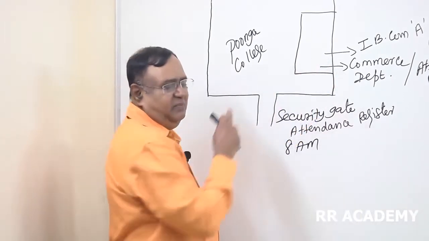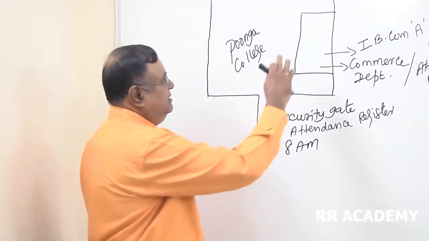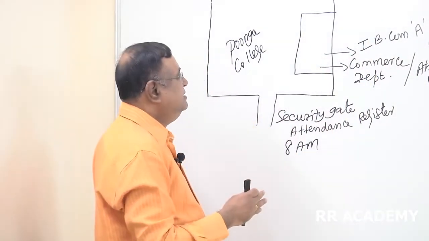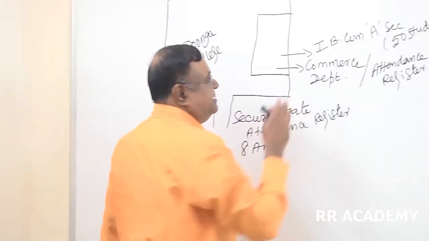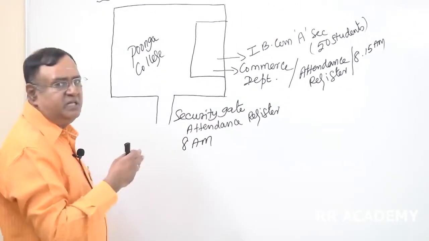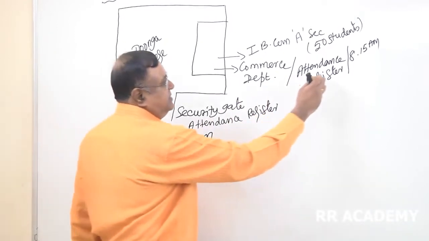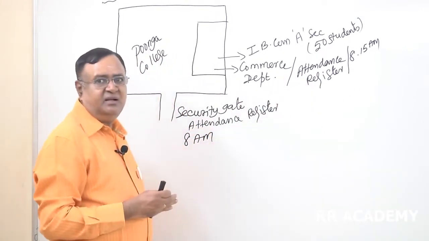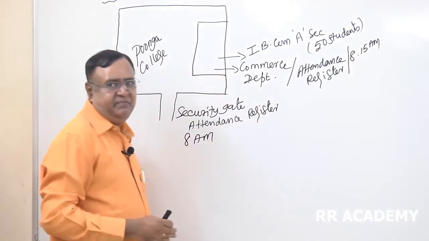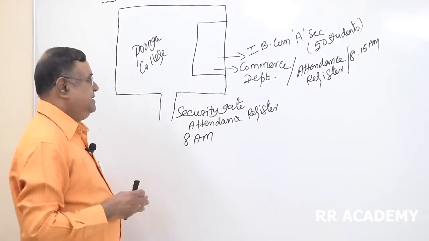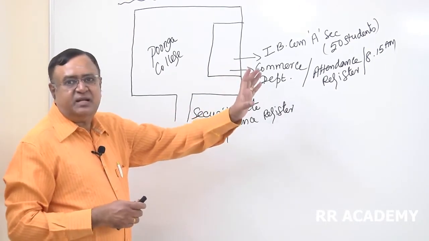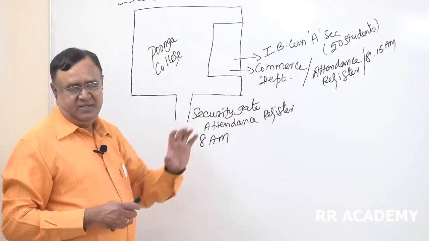Now, Commerce Department, on the right hand side. First BCom A section, that's your class. In the Commerce Department there is an attendance register. The professor will take attendance by 8:15 a.m. First BCom A section has 50 students.